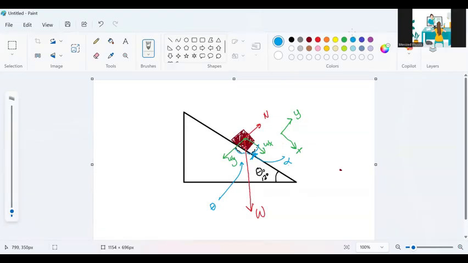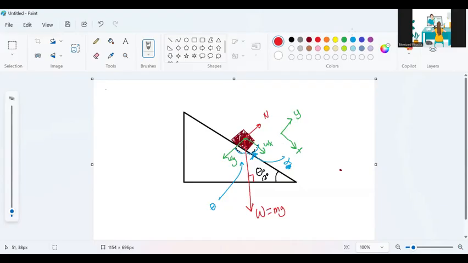So how do we find alpha? Well, the W, or the weight, which is just a reminder, is m times g, the unit weight, and this creates a 90-degree angle.